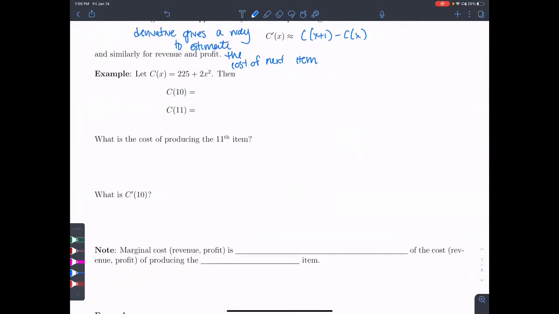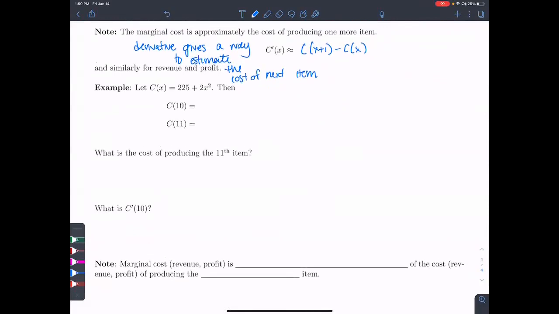We have the cost of producing something is 225 plus 2x squared. C of 10, when you plug it in, the cost of producing 10 items is 225 plus 2 times 10 squared. So 225 plus 200, which is 425. And then when you plug in 11, you have 225 plus 121 times 2, which is 242.